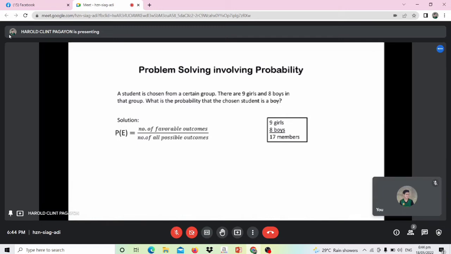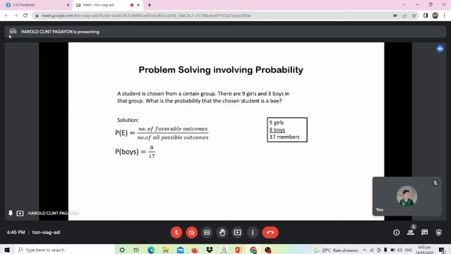As we know, in our problem we have 9 girls and 8 boys, a total of 17 members of a group. So we will substitute these values into our formula. We'll have P of boys. Since boys is what we are looking for, it equals 8 over 17.